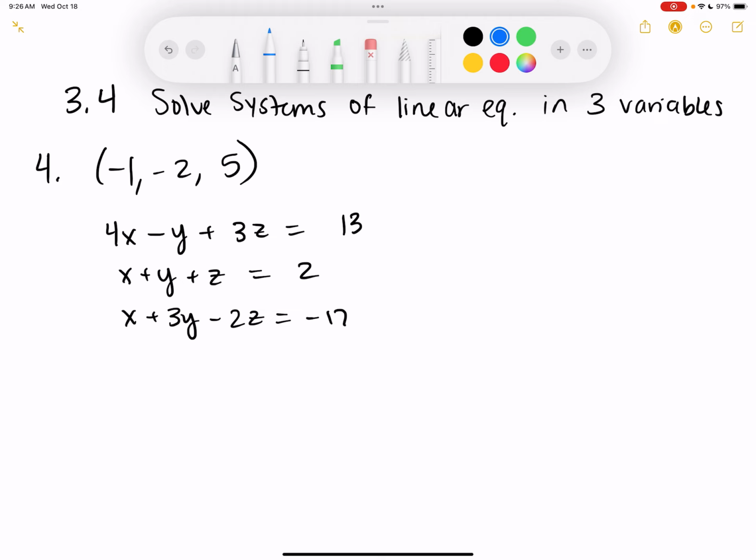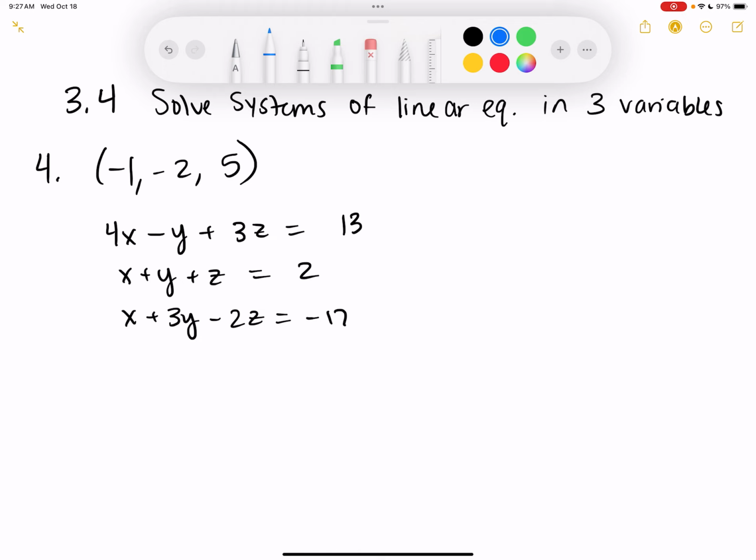So if at any point it doesn't work or it's not equal, then we can automatically say, no, it doesn't work, it's not a solution. But if you get one that is a solution, you need to at least check one more to make sure that it wasn't just a solution to the one and not the others.